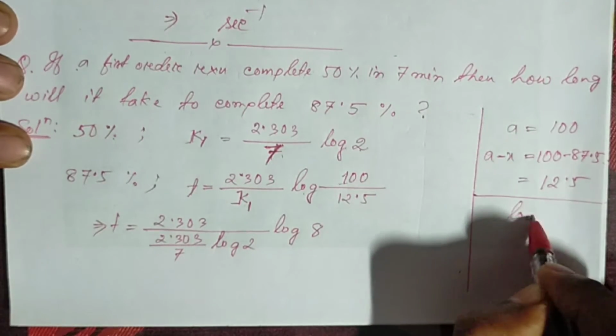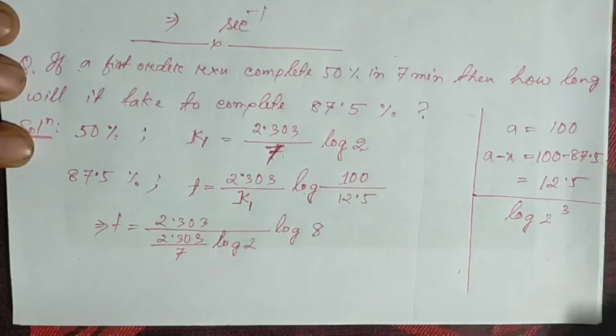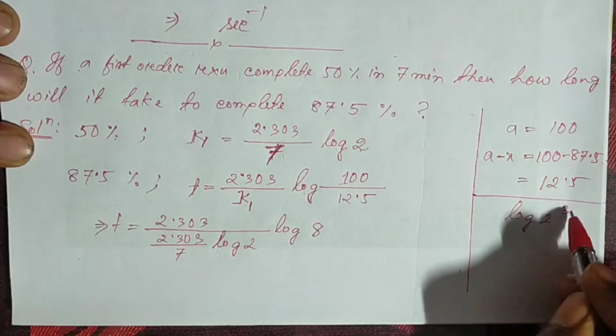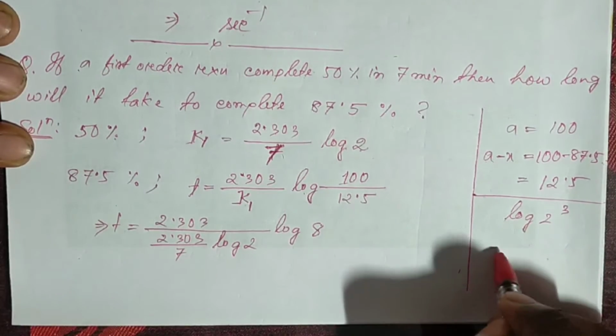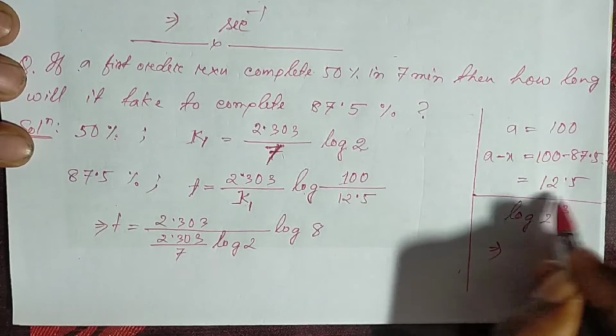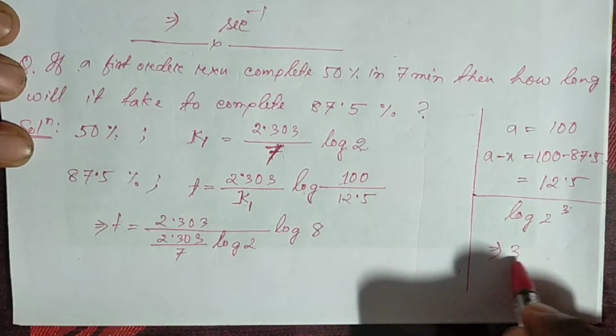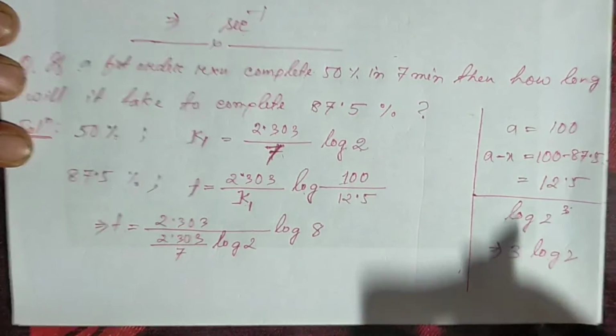Log 8 means log 2 cube, so 3 will come here, and log 2 will be here.